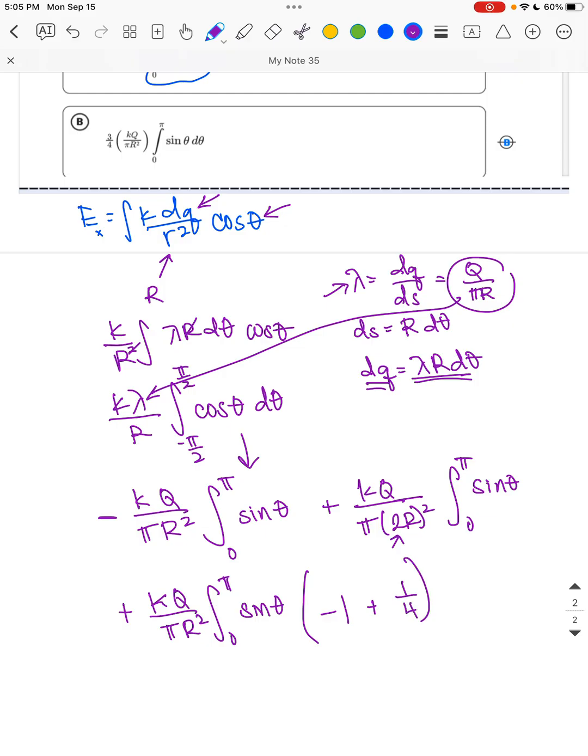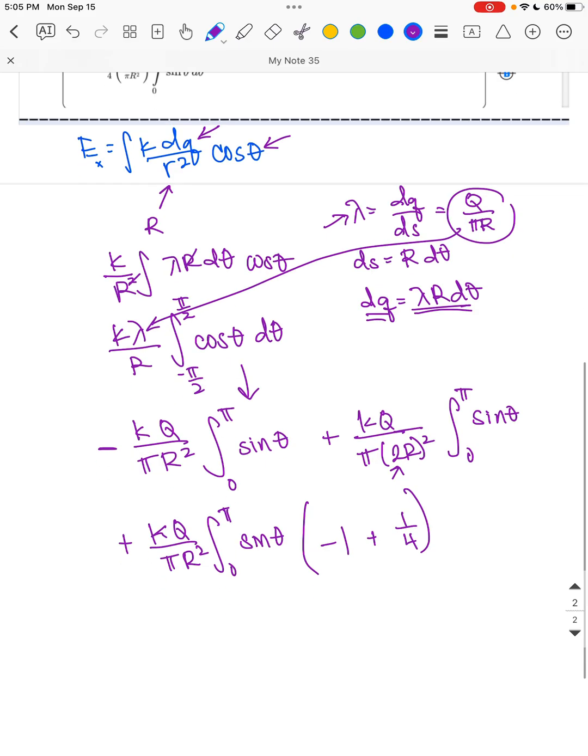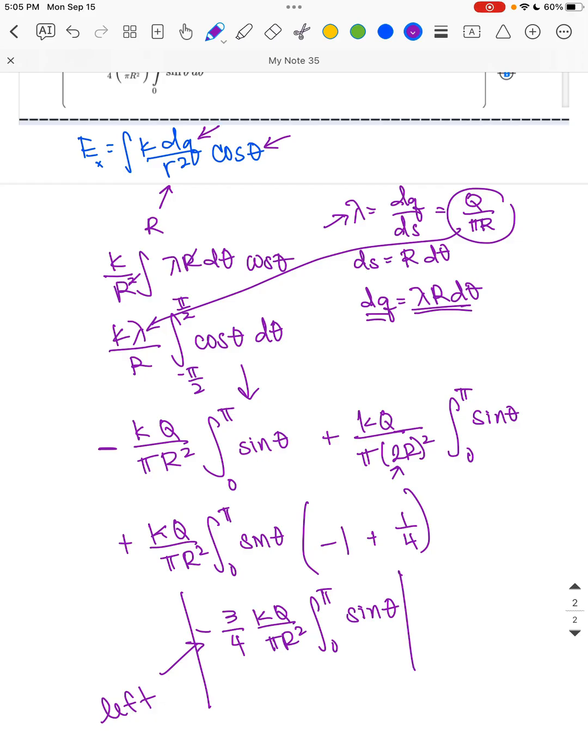When I square that denominator, I've got a positive 1/4 left over. And then from there I can see I get negative 3/4 kq over pi r squared, the integral from 0 to pi of sine theta. This is in the equation sheet as a positive value. Remember, this negative indicates the left direction, but most of the time I just take the absolute value, and I can see that that is B.